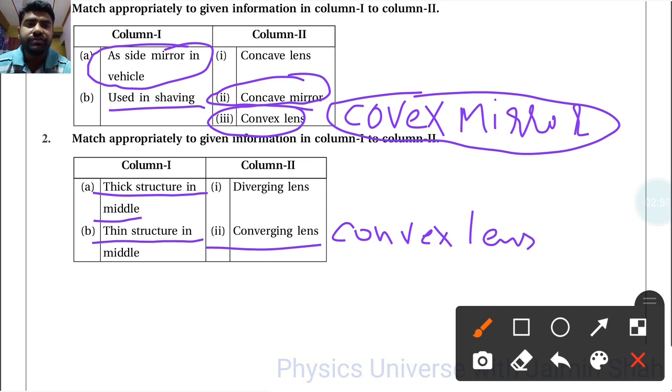And thin structure in the middle, if it is a thin structure, it is a diverging lens. Diverging lens means concave lens. A concave lens just diverges the rays, and a convex lens just converges the rays, means focuses the rays, right?